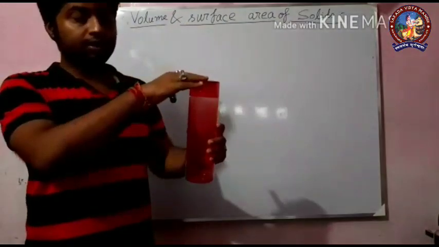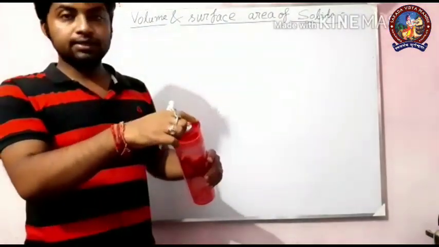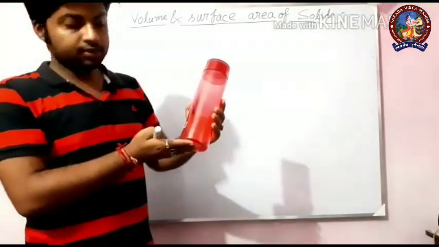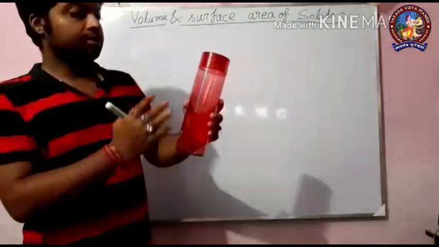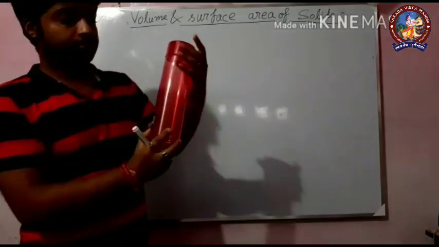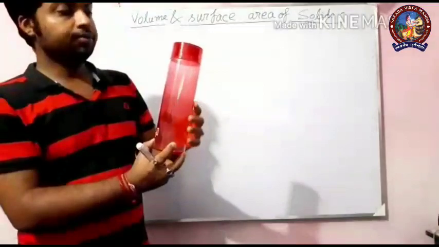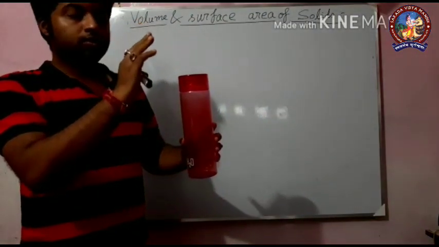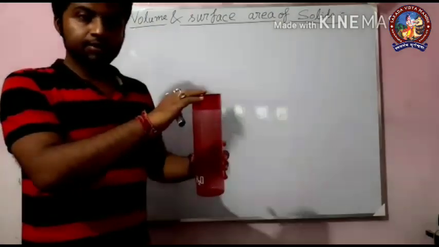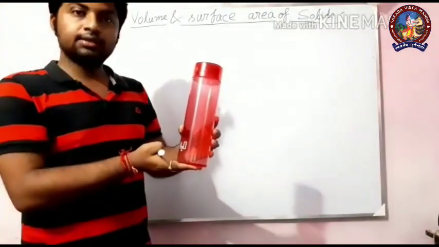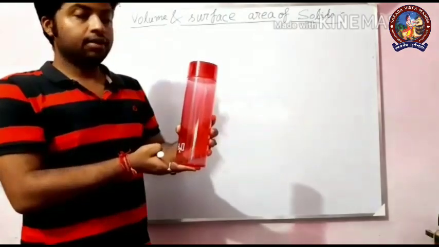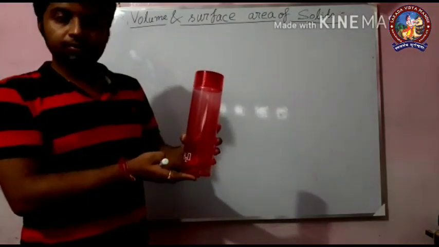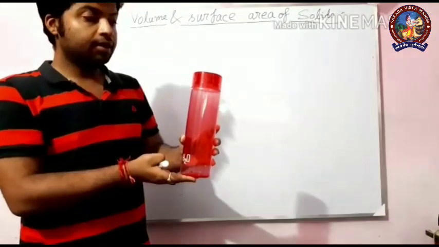That is the upper surface, that is actually a circular plane surface, and the lower surface is also a circular plane surface. And the third surface is this curved surface. One more thing, the upper plane surface and the lower plane surface are similar. That means the upper circular and lower circular surfaces have the same radius.